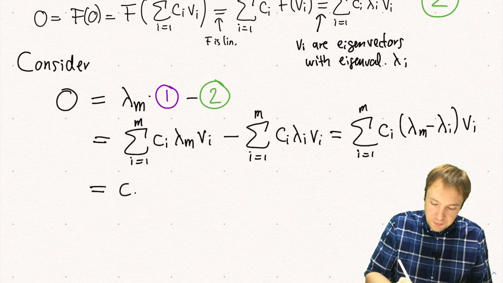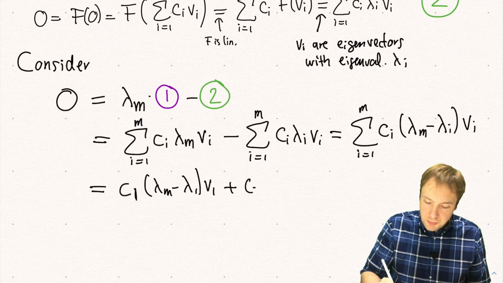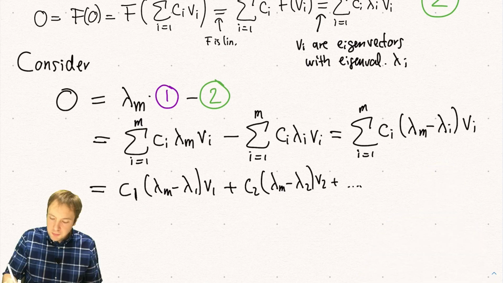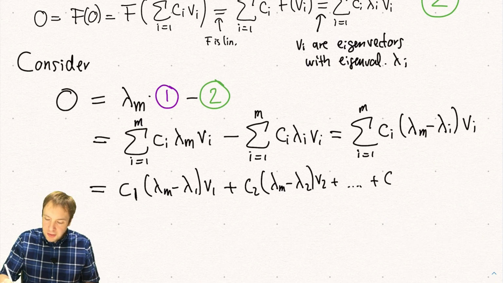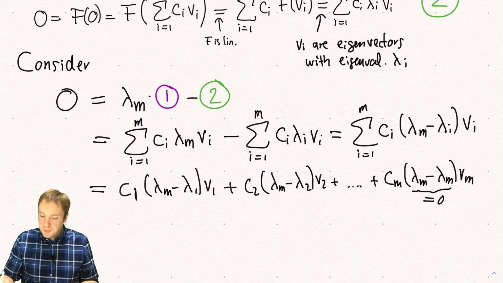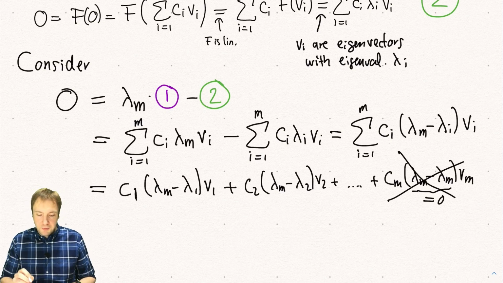So I have c1 (lambda m minus lambda 1) v1, plus c2 (lambda m minus lambda 2) v2, plus, and the last term, cm (lambda m minus lambda m) vm. This here is 0, so this term vanishes.